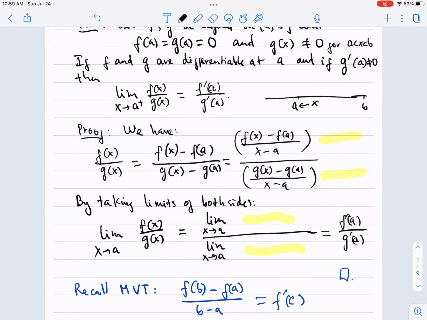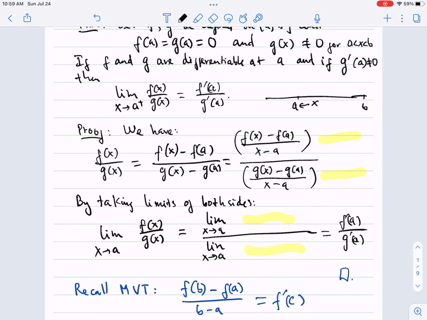This is motivated by the observation that now both the numerator and denominator are expressions related to the derivative.